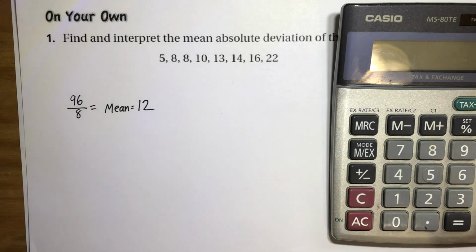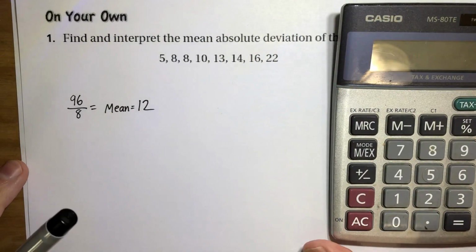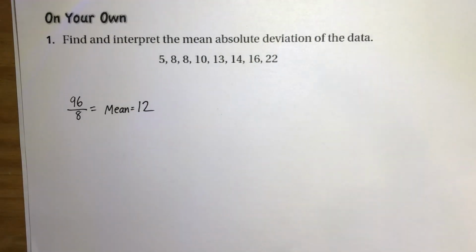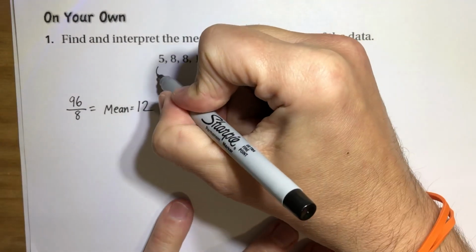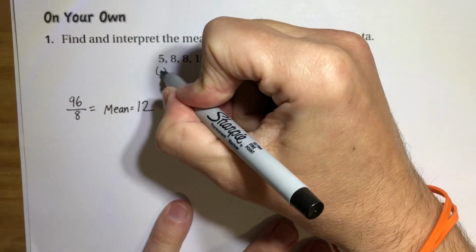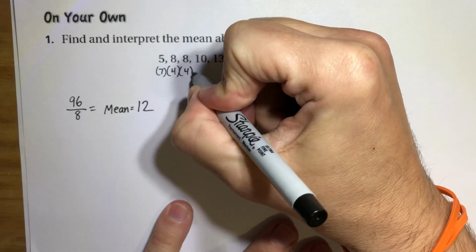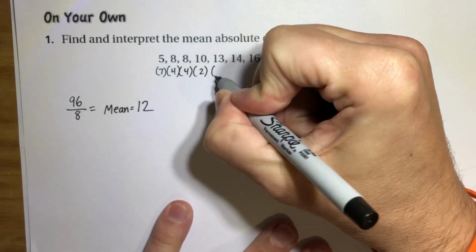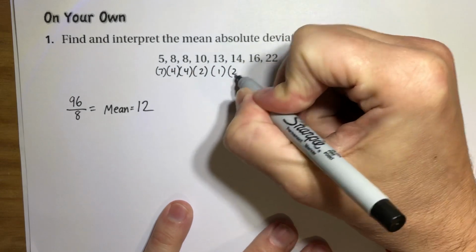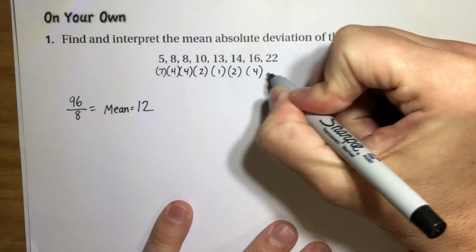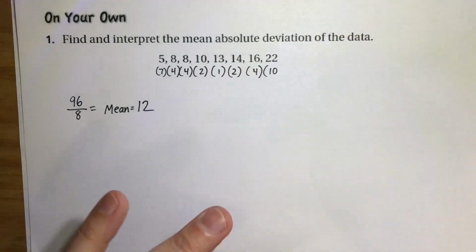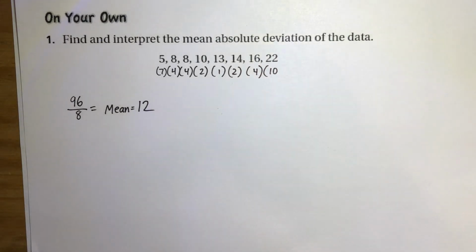Now what I want to do is indicate how far apart these numbers are from that mean of 12. So I'm going to write those in parentheses directly below. So you can see that I've written all my absolute deviations.